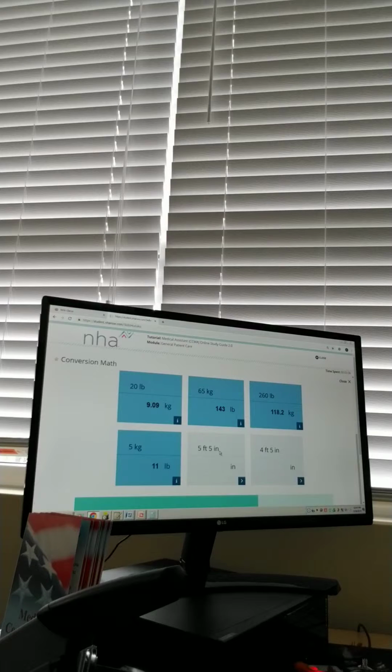Oh, convert everything to inch. Because look, 5 foot is how many inch? 5 times 12, yes?